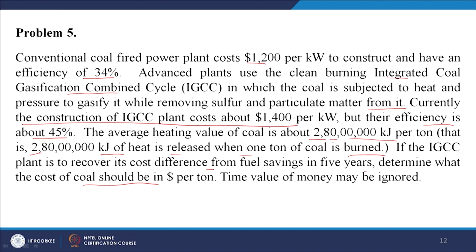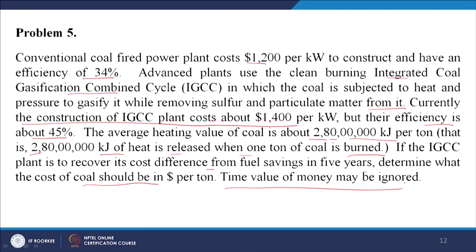The time value of the money may be ignored. So, what we have to calculate? We have to calculate what will be the price of the coal, so that the excess amount of money being invested in case of the IGCC plant can be recovered within 5 years.